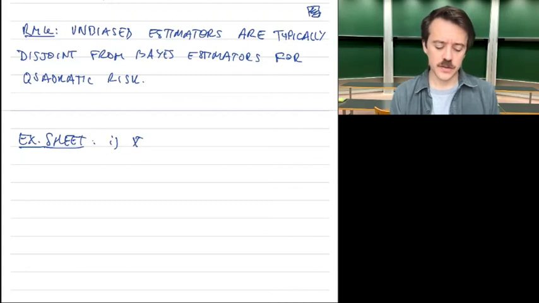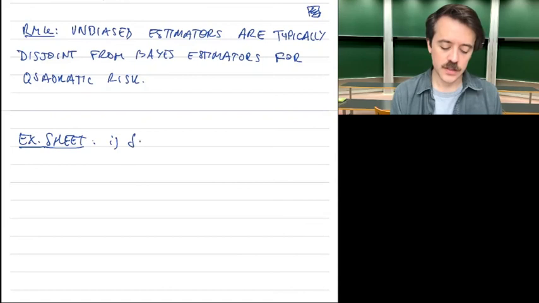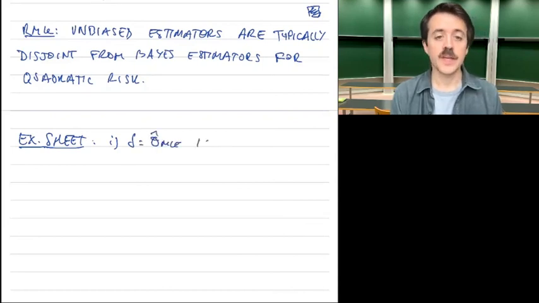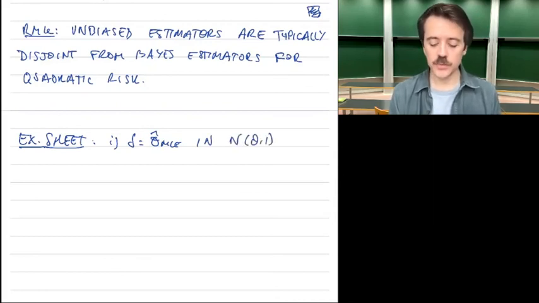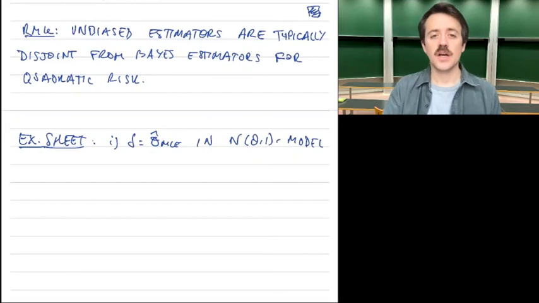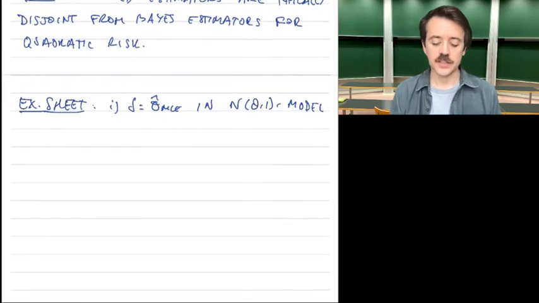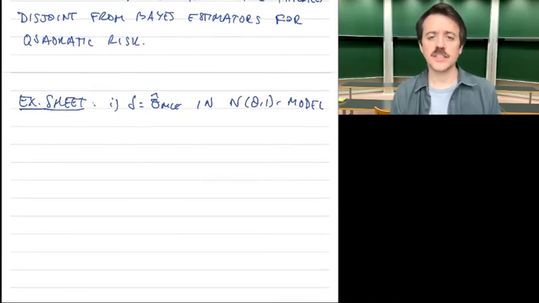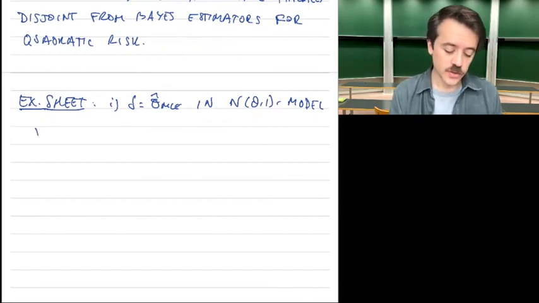So if we take the delta to be the theta MLE in the following model, the model that we've been considering so far, remember, we have this unknown mean and unrestricted and known variance that's equal to 1 without loss of generality, just by rescaling if you wanted to.